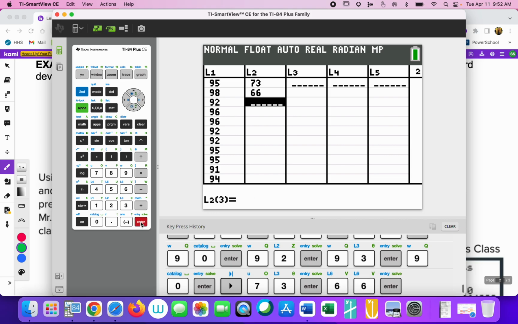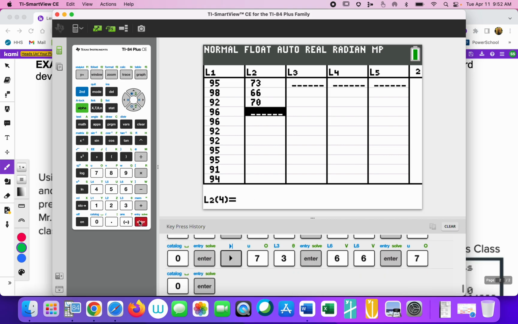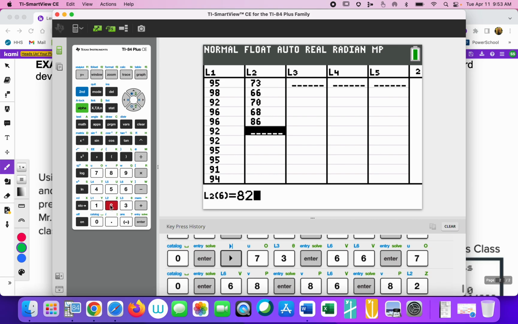As you're entering these in, what do you guys notice about the difference in the scores? What class did better? Jackson's class, for sure.